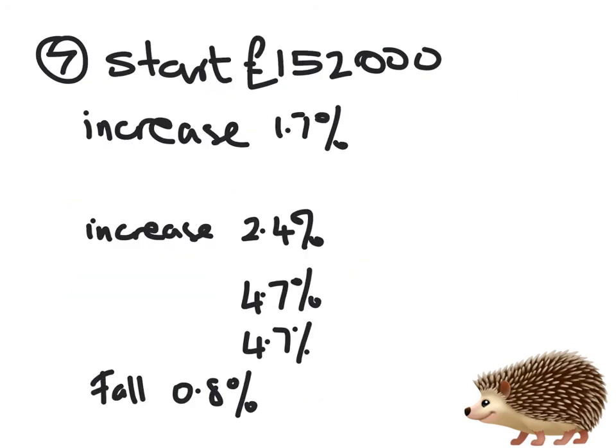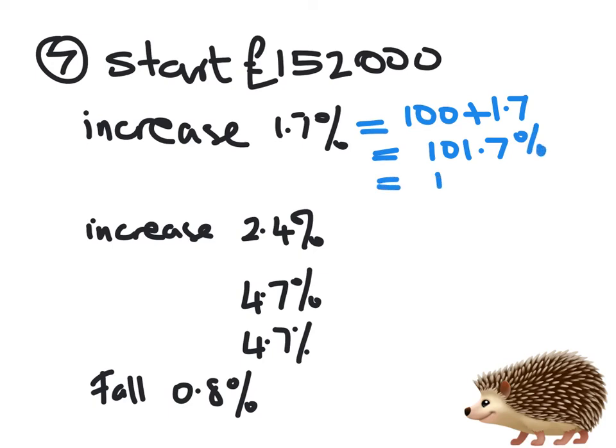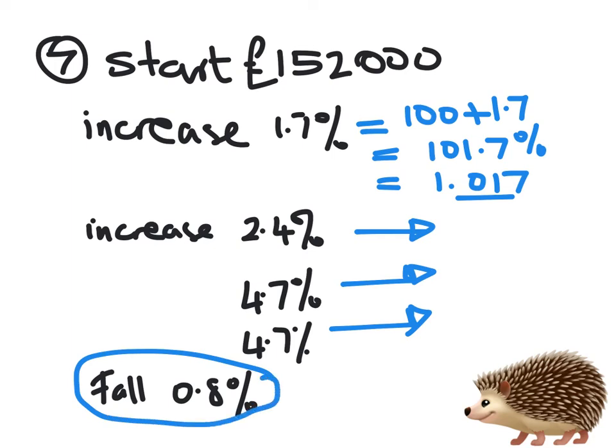Question 7. The house prices. Well, if there's an increase of 1.7%, that's 100 plus 1.7, which is 101.7%, which as a decimal is 1.017. Okay, now if I repeat the process for 2.4, 4.7, be very, very careful with the last one, because it's a decrease of 0.8.